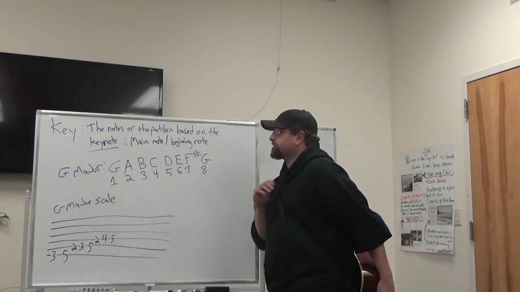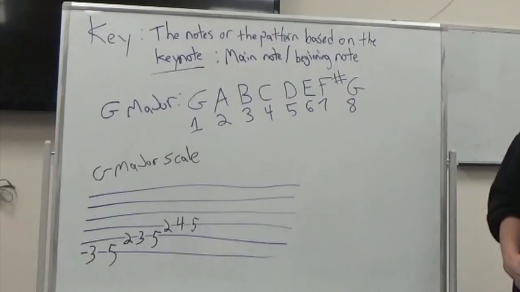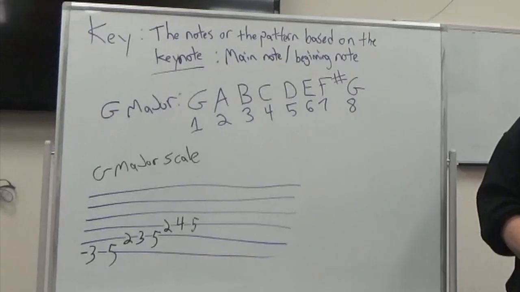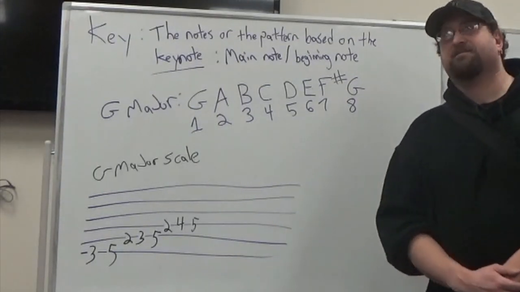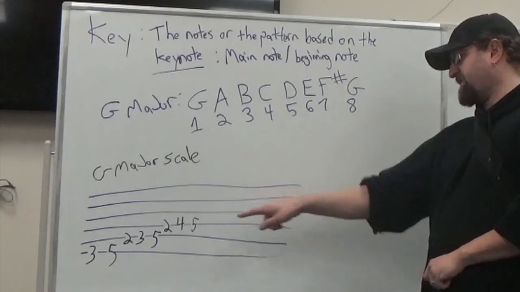So now, on the board right here is a clue to how to find the scale anywhere on the guitar. It's on the board. It's already up here. Okay, you want to find a second spot to where this scale would be?